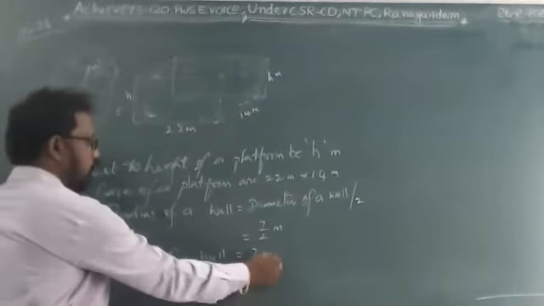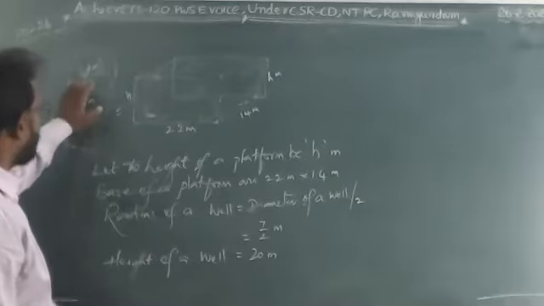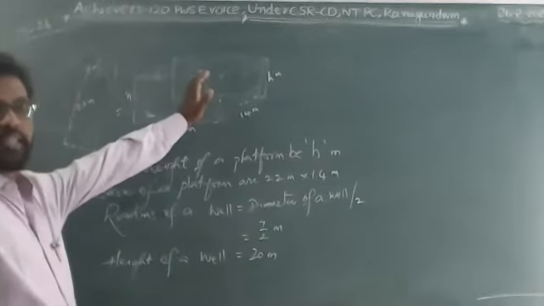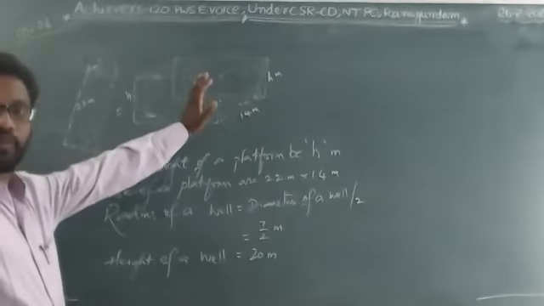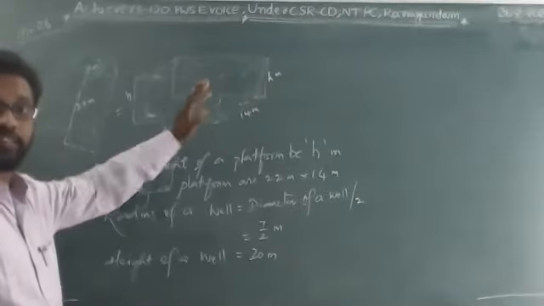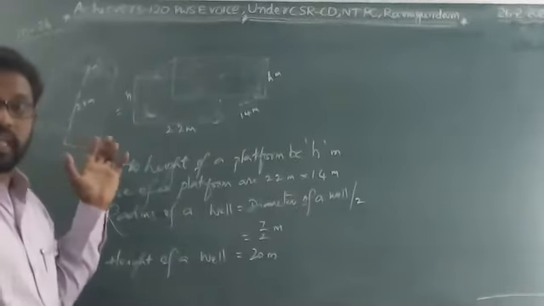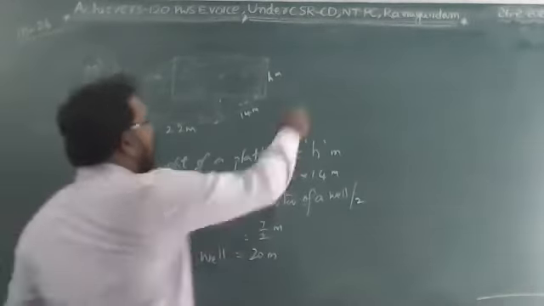Now this total mud is taken out and placed to get the form of a rectangular shape platform. So the part that comes under this is volumes.